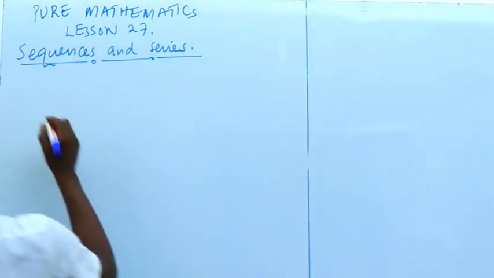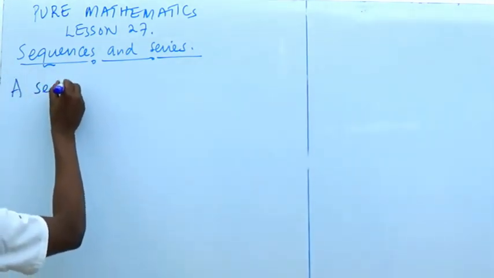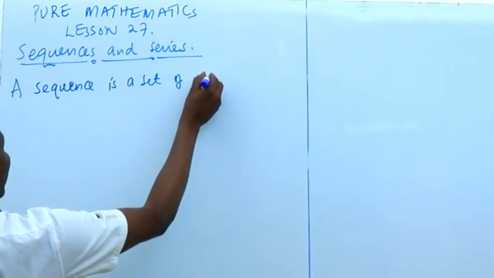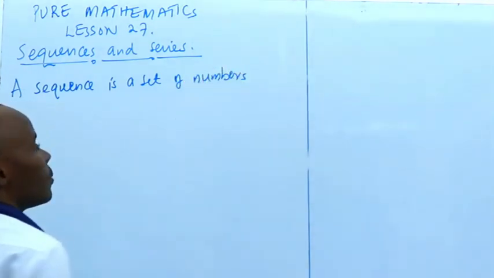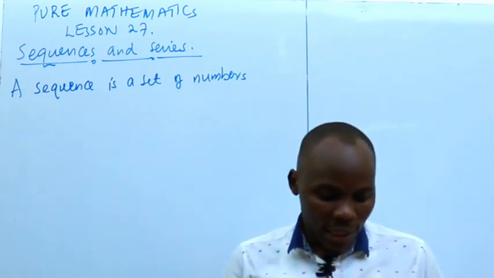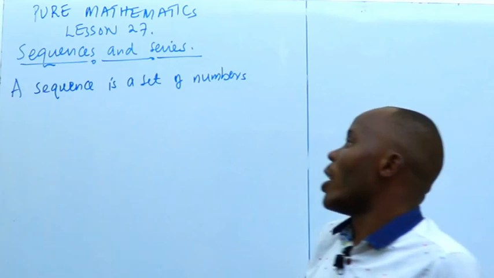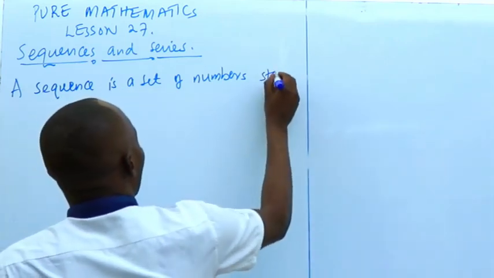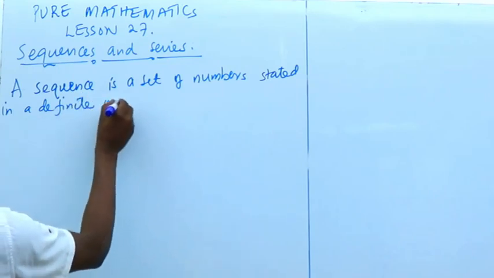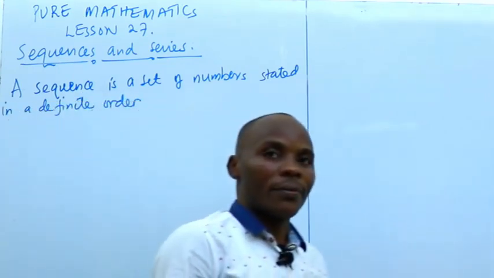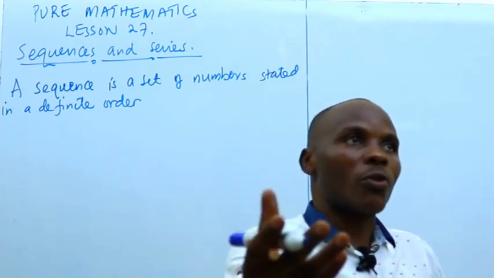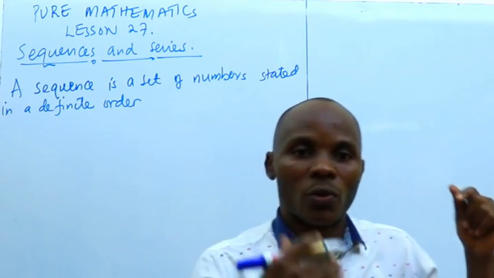A sequence is a set of numbers stated in a definite order, whereby obtaining the next number from the previous one, there is a certain rule you follow.